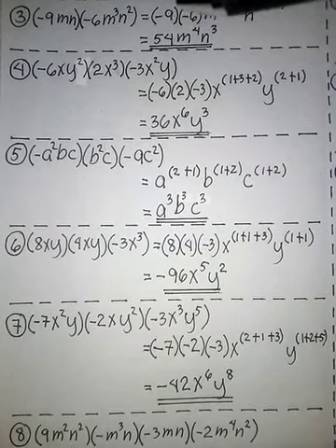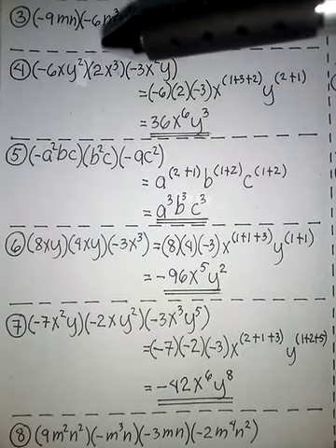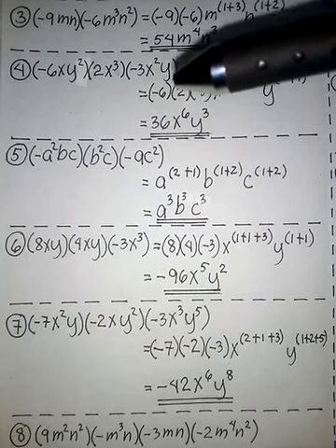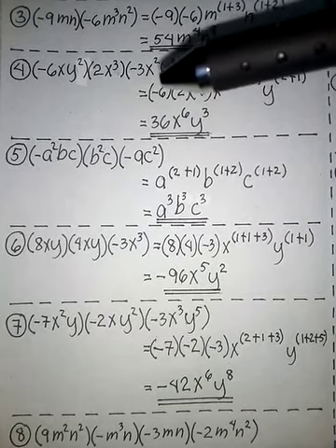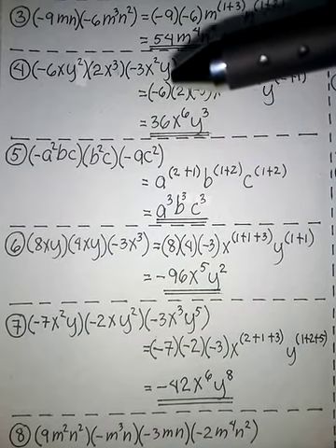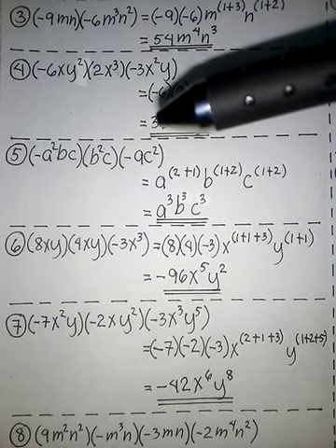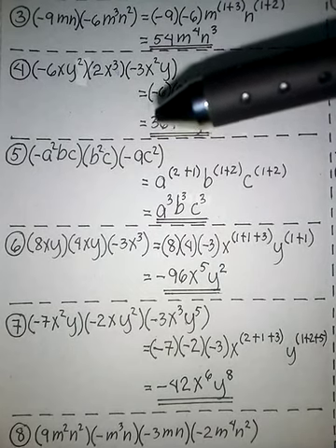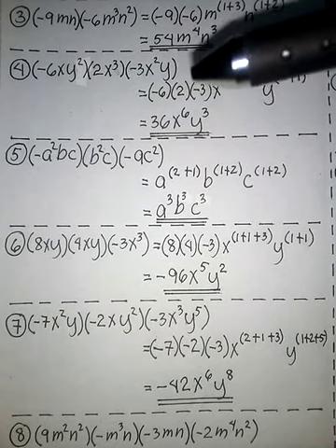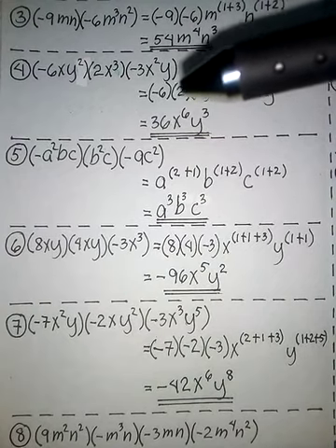Let's have the sign first. Negative times positive is negative. Negative times negative is positive. So, the sign is positive, or without sign means positive. Then we multiply 6 times 2, 12. 12 times 3 is 36. So, the coefficient is 36.